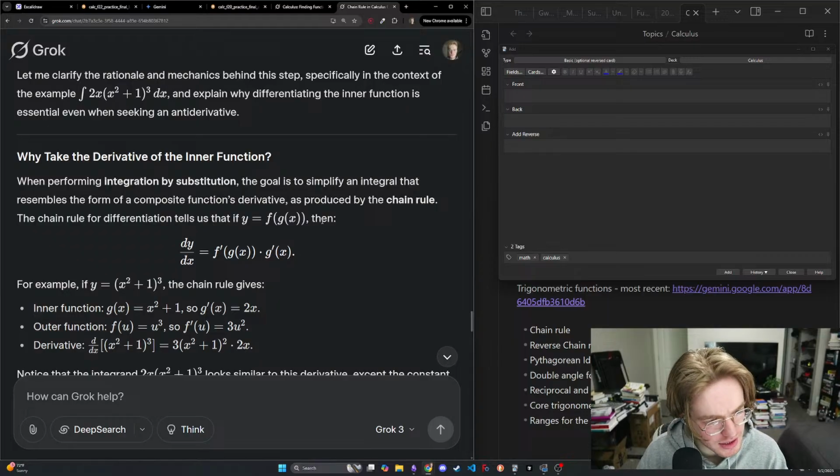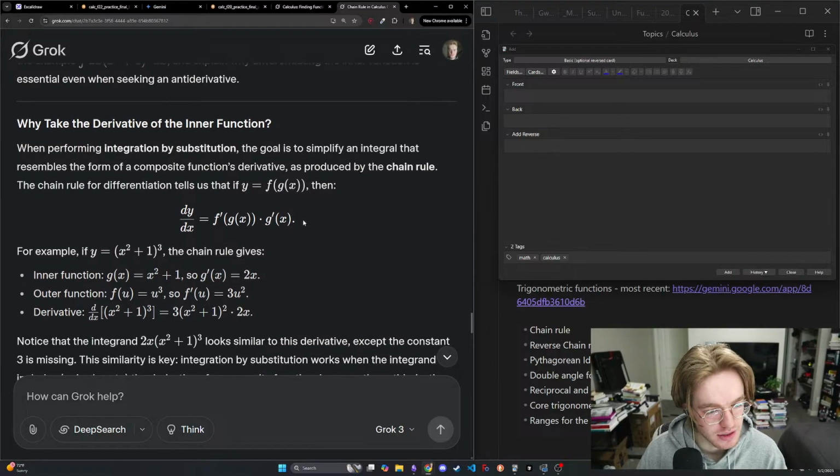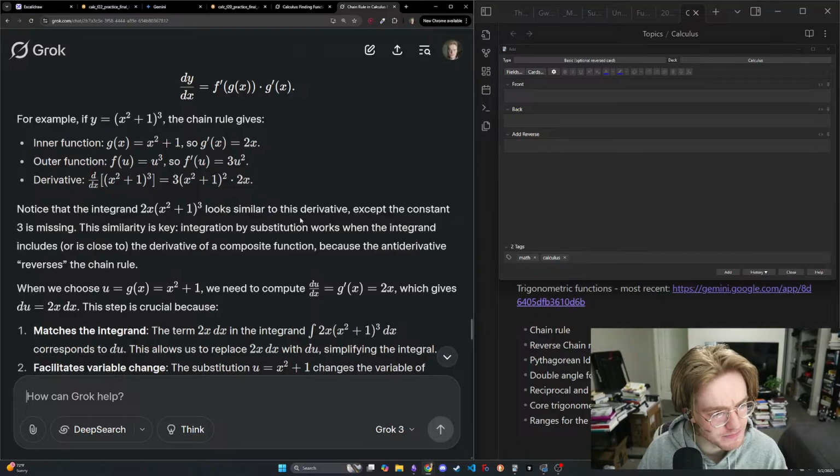When performing integration by substitution, the goal is to simplify an integral such that it resembles the form of a composite function's derivative, as produced by the chain rule. The chain rule for differentiation tells us that if y equals f of g of x, then dy over dx equals f prime of g of x multiplied by g prime of x.